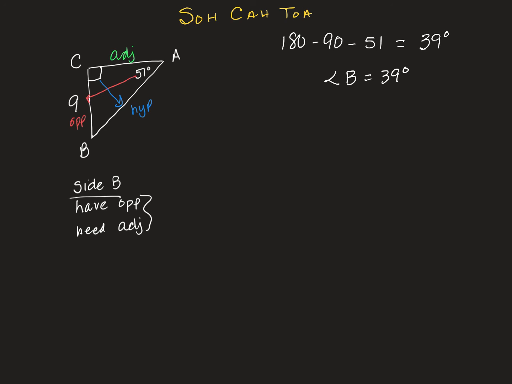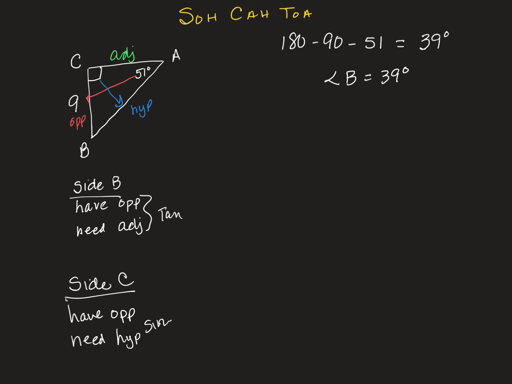And then I need side C. So side C, I have the opposite, and I need the hypotenuse. So opposite and adjacent, this one's tangent. Opposite and hypotenuse, this is sine. And we're working this from angle 51.